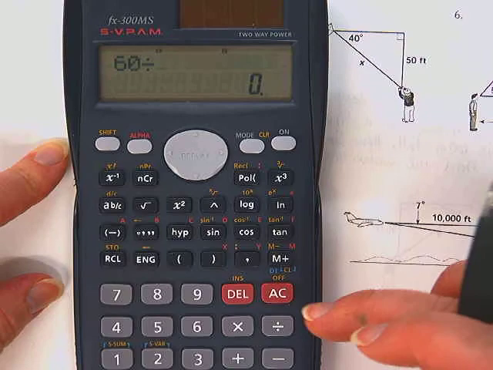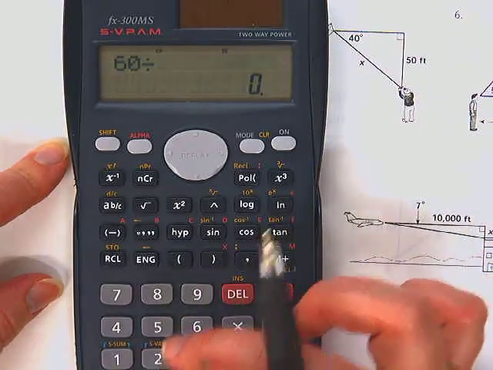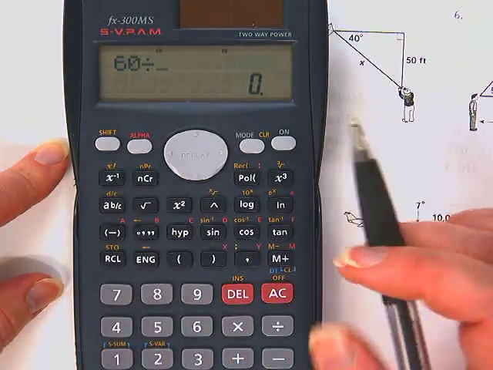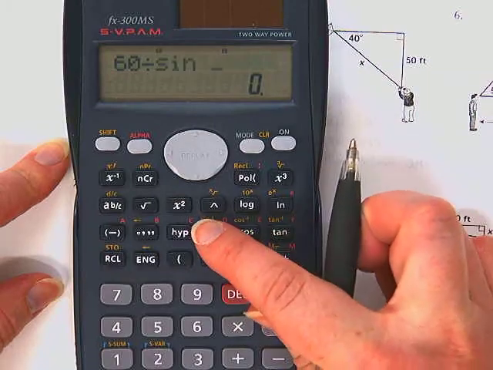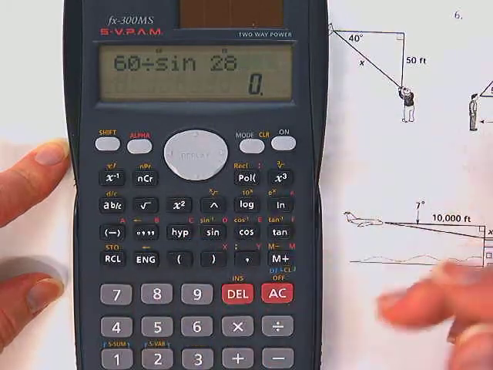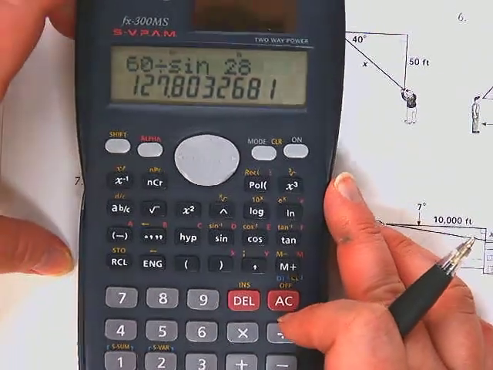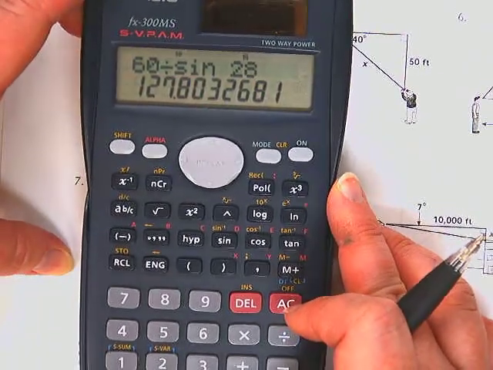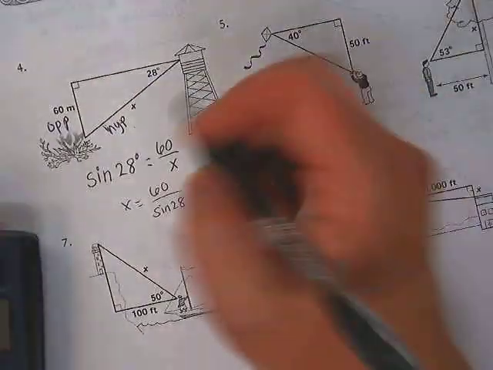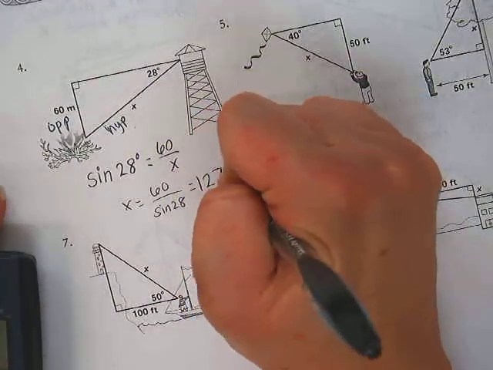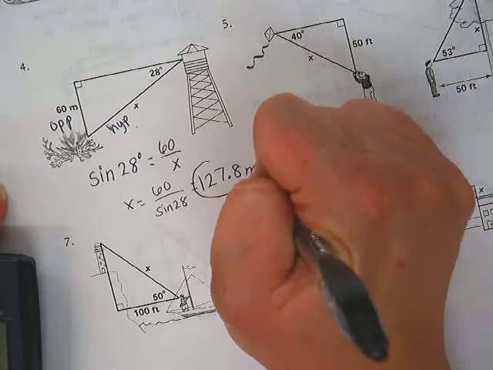Are sine 28 and the number 28 two different things? Yes, the sine of 28 is a decimal. So we don't just do 60 divided by 28. That answer will be wrong. We have to do sine of 28. And then hit enter. And it says that the distance to the fire will be 127.8 meters.